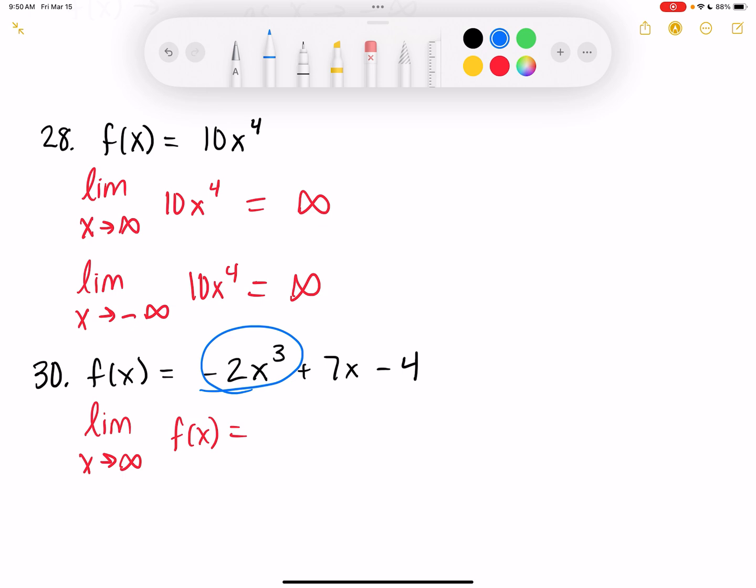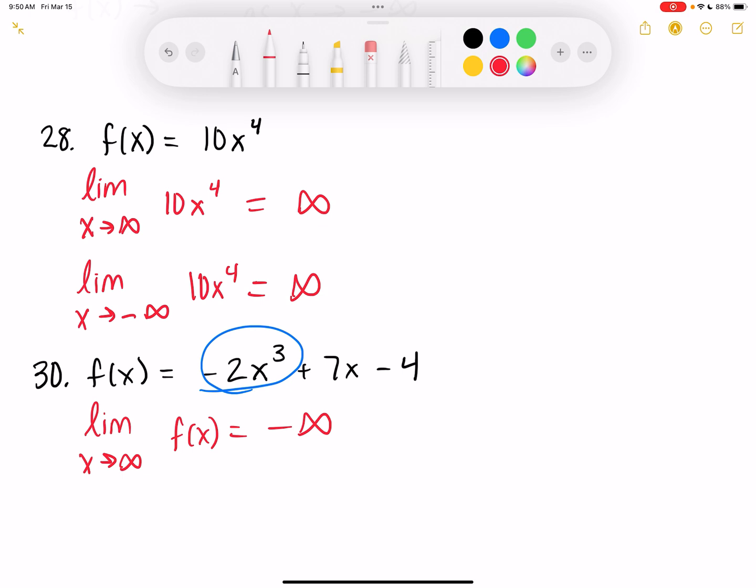So if I plug in something like positive 500 to negative 2x cubed, what's going to happen? Yep, it's going to be negative and a really big number, so negative infinity. Right, because I plugged in a positive times the negative, so it's negative but still a really big number.